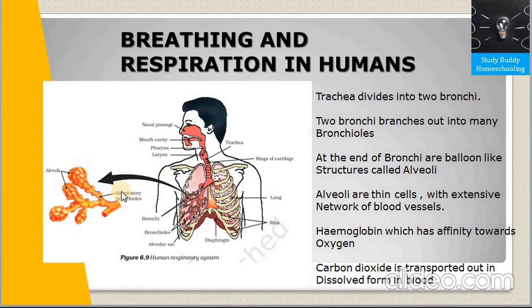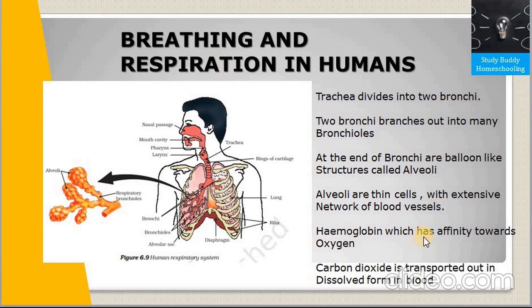What happens to the carbon dioxide which is released, which has to be expelled out? This carbon dioxide can be easily dissolved in water. We all know our blood is made up of almost 80-90% water. So the carbon dioxide gets dissolved in our blood and it's transported out. So this is how exchange of oxygen and carbon dioxide happens.